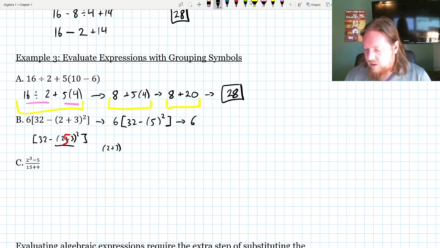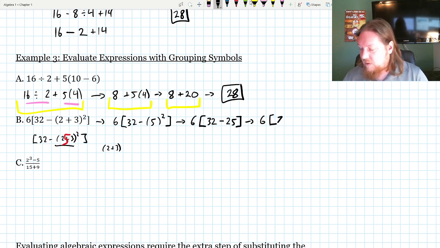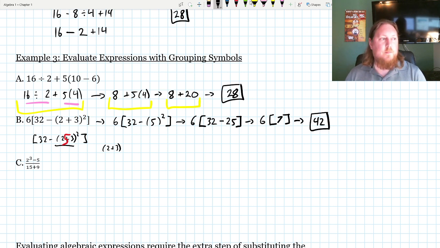So this goes to 6 times 32 minus 25. I still have parentheses. I'm going to take care of them first. 6 times whatever 32 minus 25 is, and that should be 7. And now I'm down to 6 times 7, or 42. So taking one single step at a time.